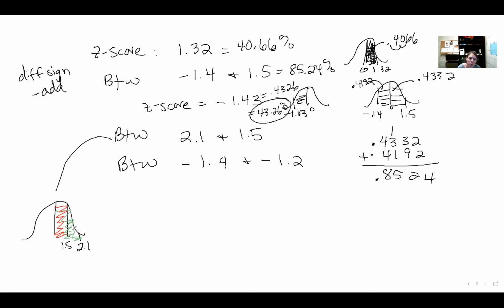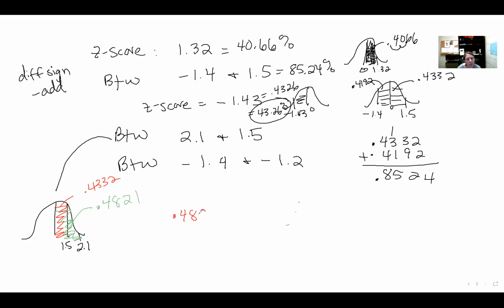So you're going to have to subtract these two values. Let's look up the 2.1. 2.1 is 0.4821. And then the 1.5 is 0.4332.